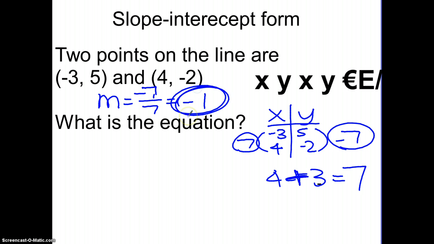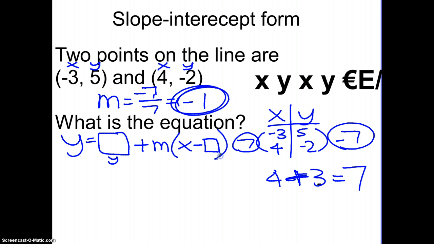So our slope is -1, and we have an x and a y and an x and a y. We can use either one we want to, and it doesn't matter which we use. So we have y equals, we're going to plug in our y, our output, plus m, times (x minus our input, that's our x number there).